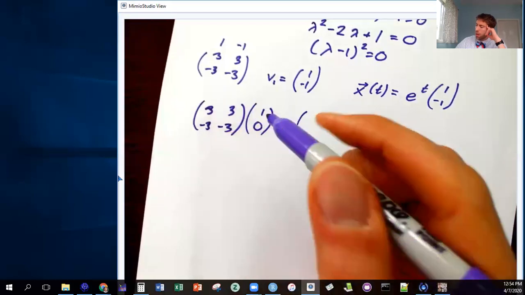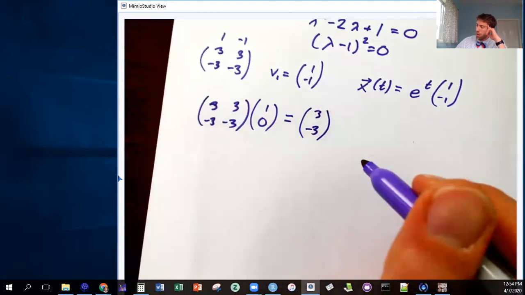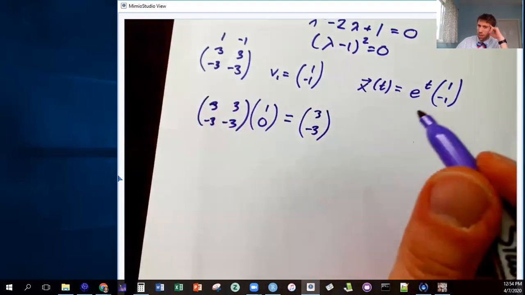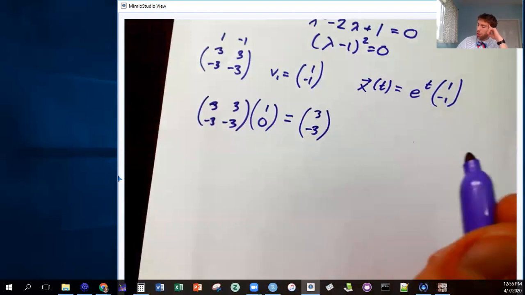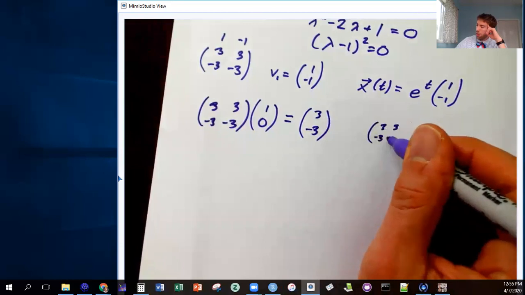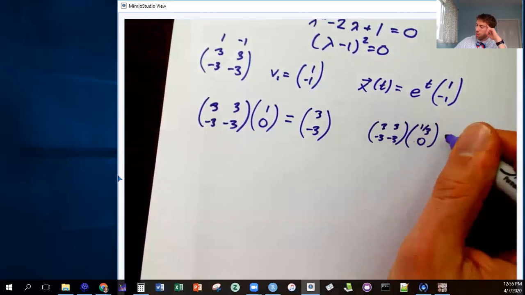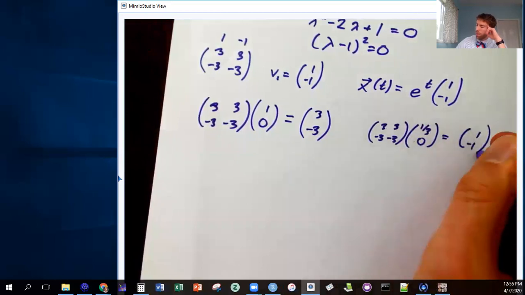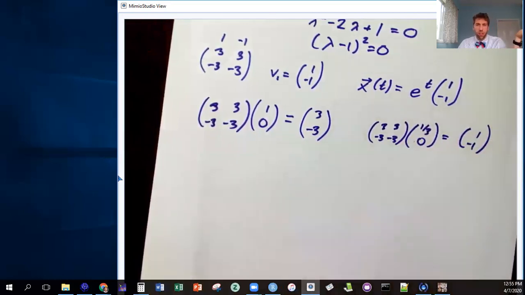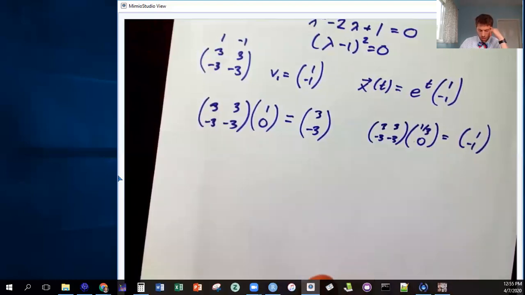So that's 3 times 1, -3 times 1. Okay, so then I'm just 3 too much. So if I had 1/3, 0, that's going to equal 1, -1. Okay, so I found a vector such that the matrix with diagonal subtracted by the eigenvalue times that gives me the eigenvector.